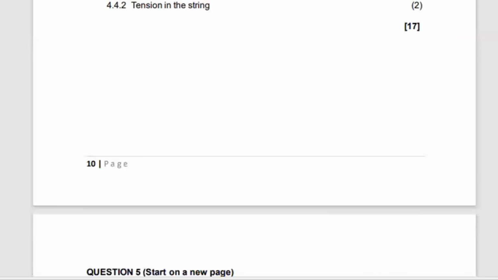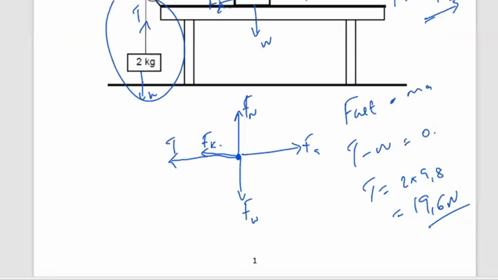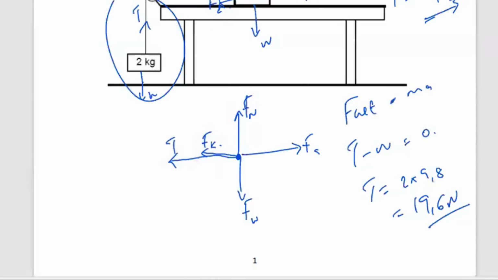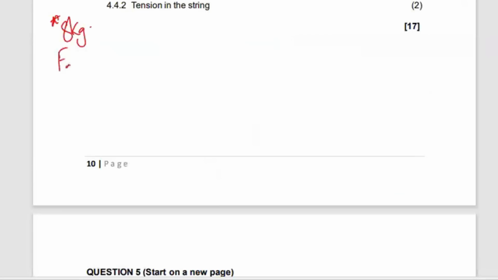Can we apply Newton's second law to each block and calculate the magnitude of the acceleration? For the 8 kilogram block, this is now 50 newtons. I'll apply the same thing: the applied force minus the frictional force minus the tension is equal to ma.